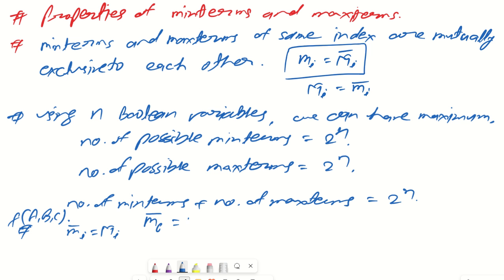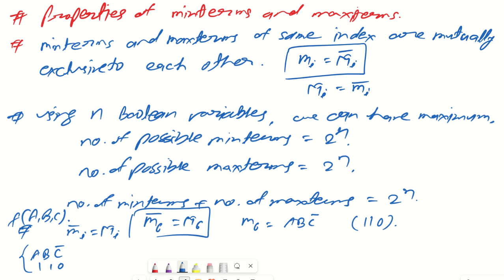So m6 bar will be equal to M6. Let us prove that quickly. What is my m6? m6 of 3 variables is nothing but A, B, C bar, that is 1, 1, 0. This is my min term expression.